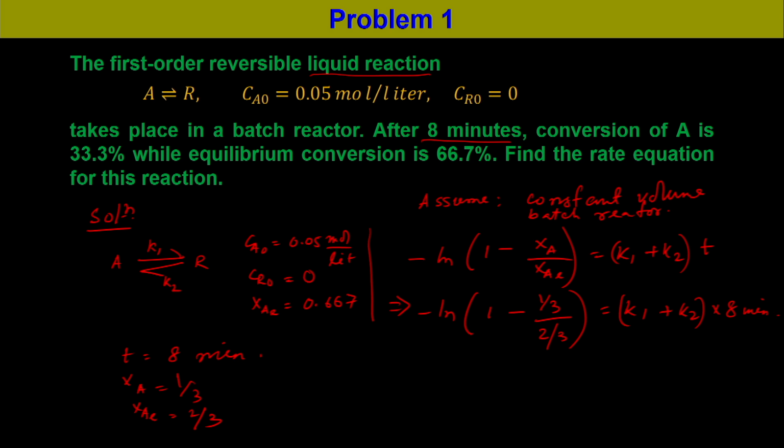So, from here we will get K1 plus K2 would be equal to ln 2 divided by 8, which is equal to 0.086625 minute inverse. So, this is a relation of K1 plus K2, say this is equation 1.